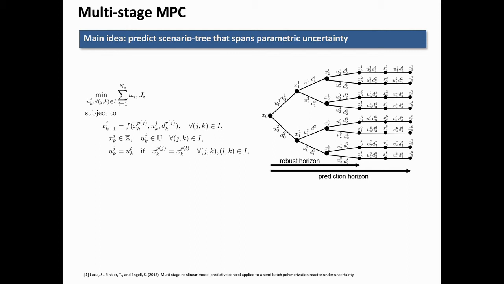So what is usually done is to use a robust horizon and stop branching the scenario tree at a certain prediction length in order to keep the computational time low. And this makes sense if you think that the uncertainty far in the future from the current point does not generally play a fundamental role at the current time.